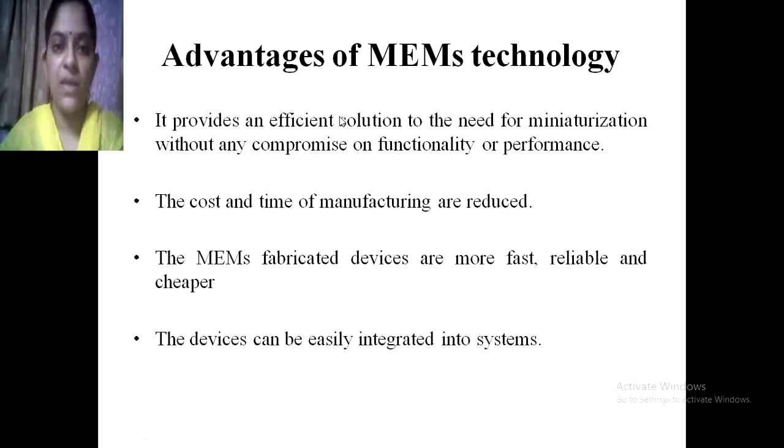So we have seen the three methods of MEMS fabrication: bulk micromachining, surface micromachining, and lastly the LIGA technique. Then there are some advantages of this MEMS technology. It provides an efficient solution to the need for miniaturization without any compromise on functionality or performance. The cost and time of manufacturing are reduced.